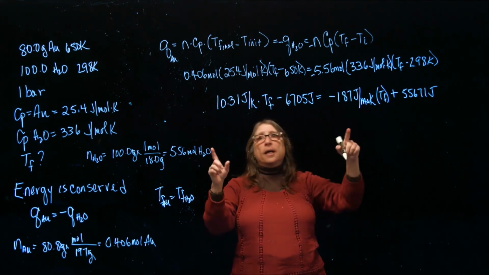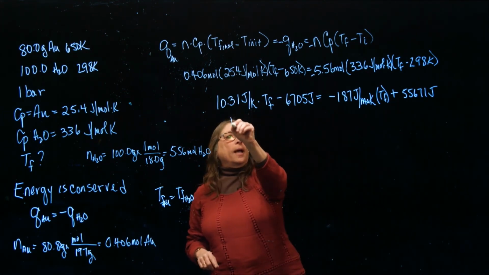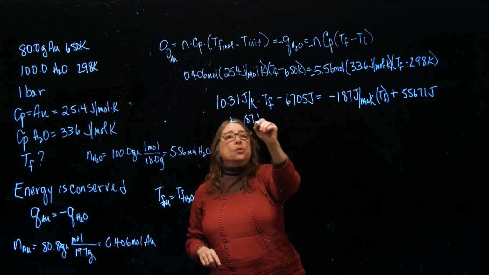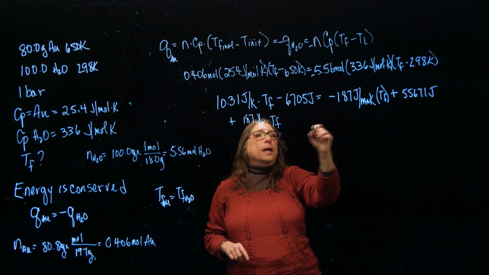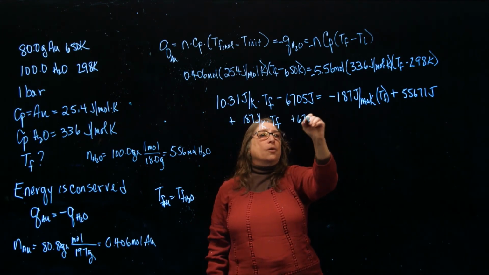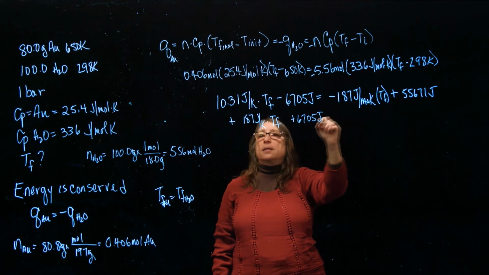And now I want to collect my terms. I'm going to add 187 joules per Kelvin times the final temperature, and I'm going to add 6705 joules to both sides.